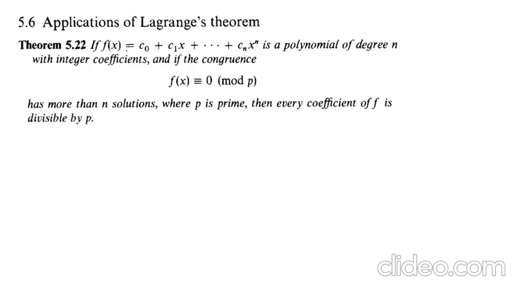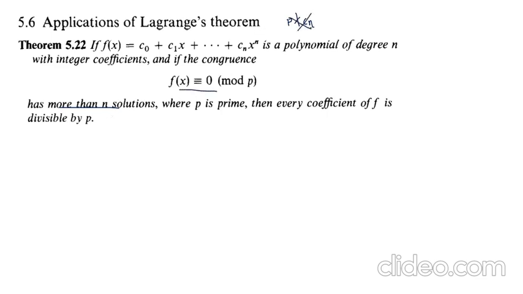Now the next result: if f of x equals c0 plus c1x plus etc. plus cn x power n is a polynomial of degree n with integer coefficients, and if the congruence f of x congruent to 0 mod p has more than n solutions, then every coefficient of f is divisible by p. In Lagrange's theorem, the statement is: if p does not divide cn, then this congruence has at most n solutions.